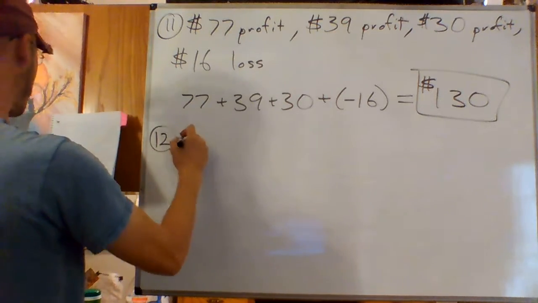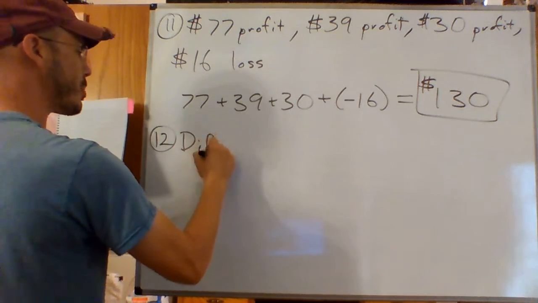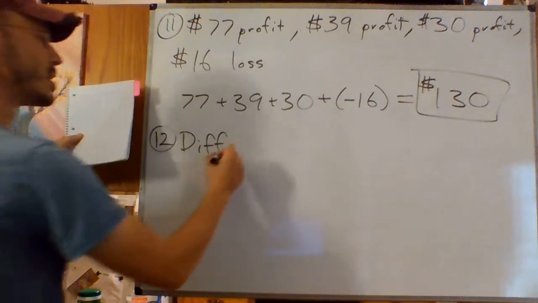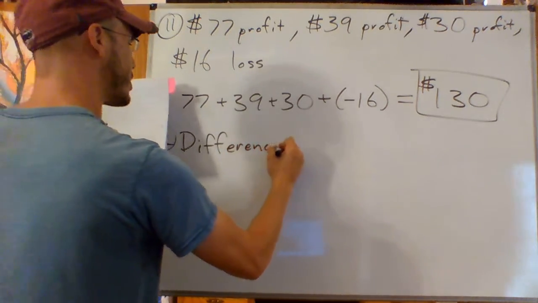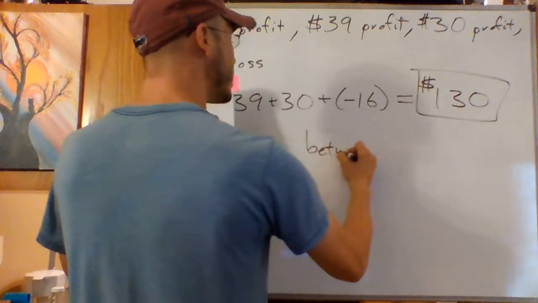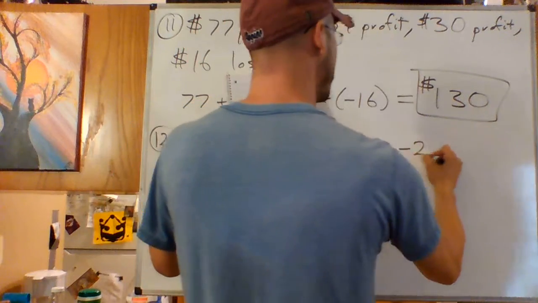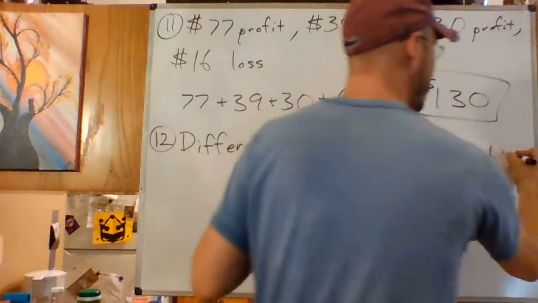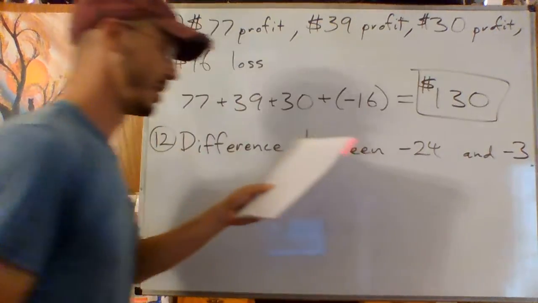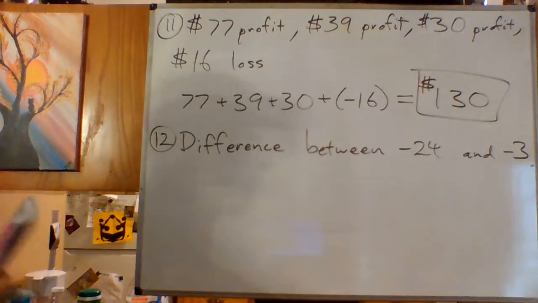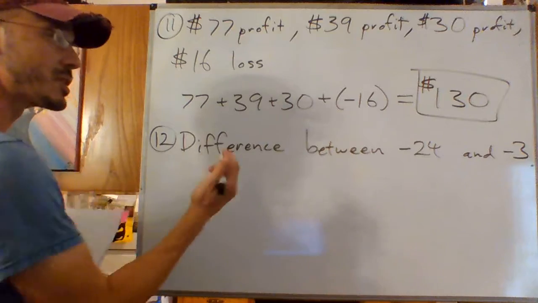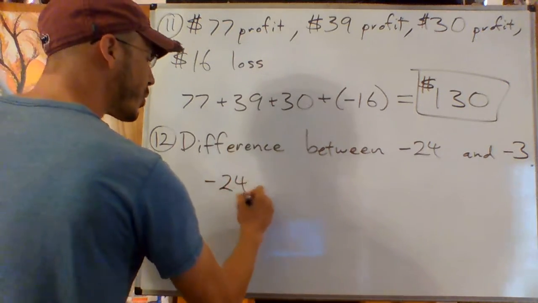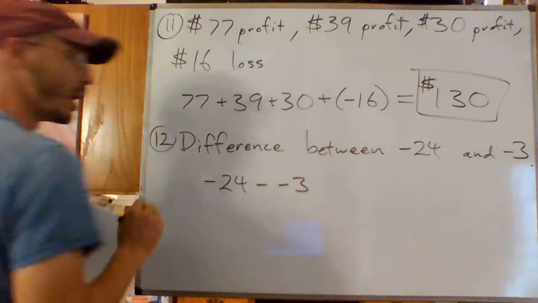12 is a verbal problem, but it is just a math problem. It's not an applied problem. The difference between negative 24 and negative 3 is what we're supposed to find. So the difference between those two numbers, difference means subtract: negative 24 minus negative 3.